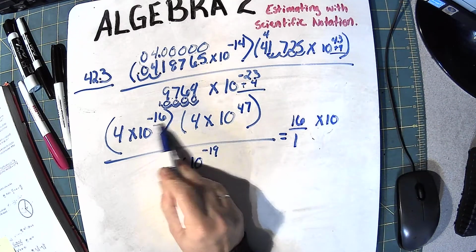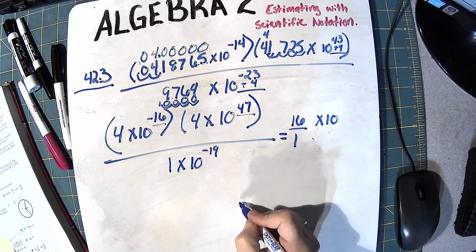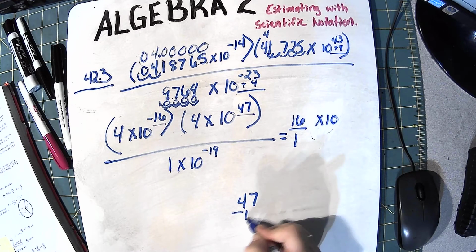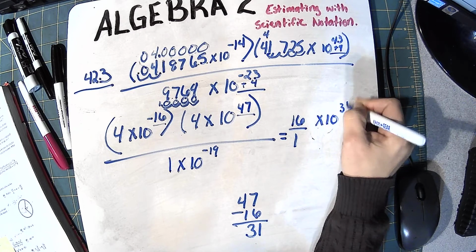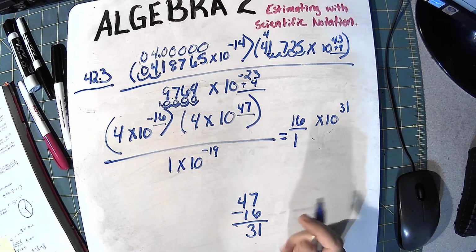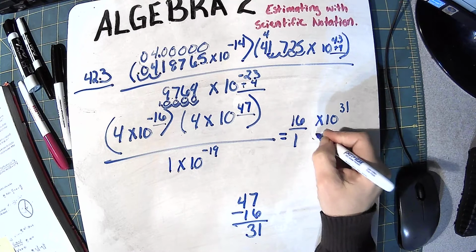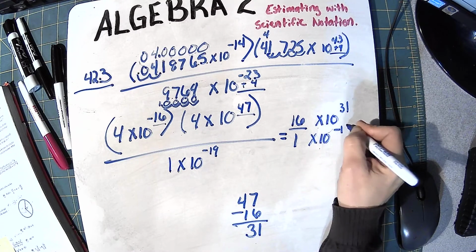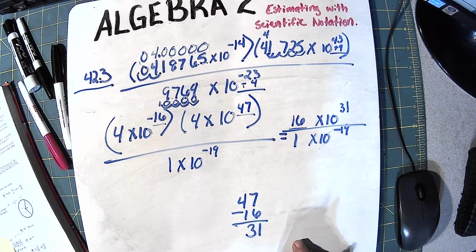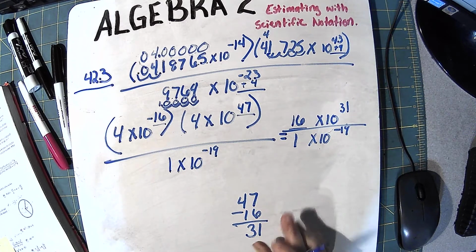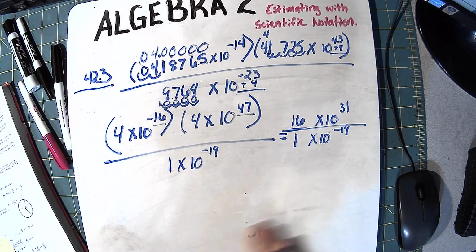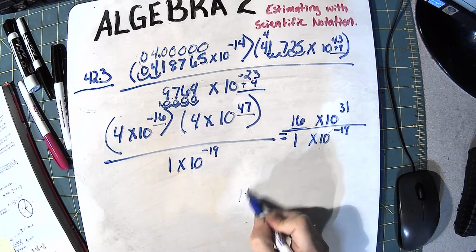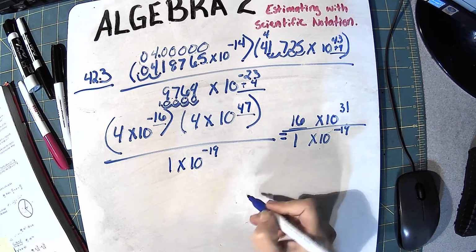Now I'm going to add my exponents. Negative 16, positive 47, that's 31. Okay, and then this is times 10 to the negative 19. So we got 16 over 1, which is 16, and we're going to round that up to 20.